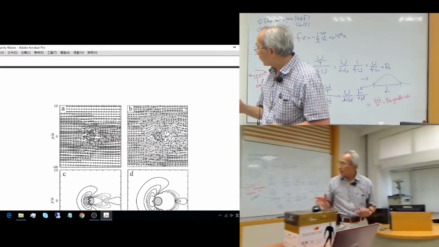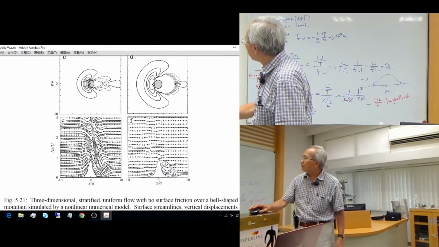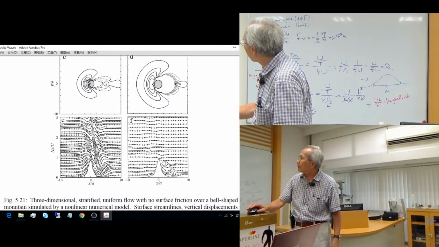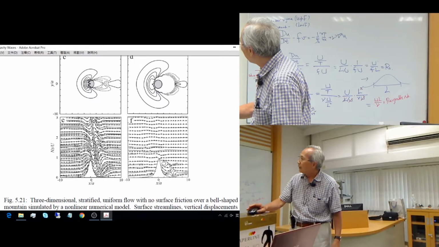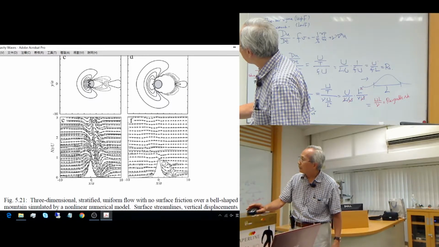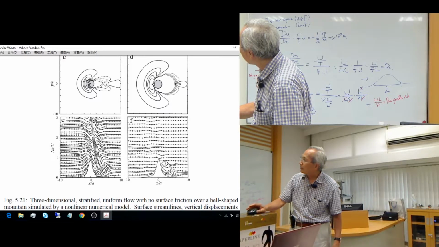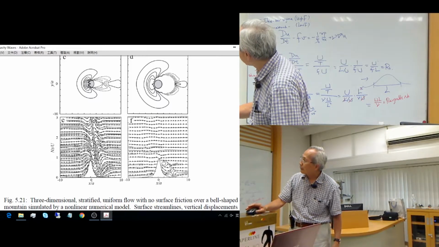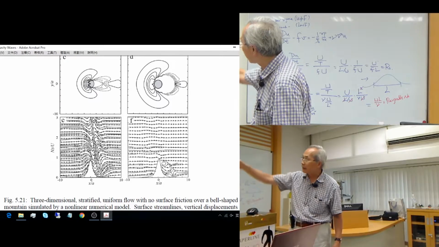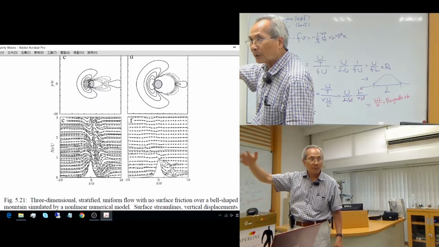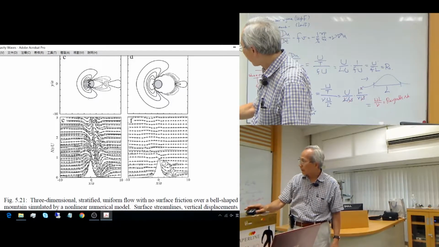So what they try to explain is, here you can see very beautifully, the flow tries to go over, kind of jumping up, and then you get waves generated. So you can see the upward propagating waves.